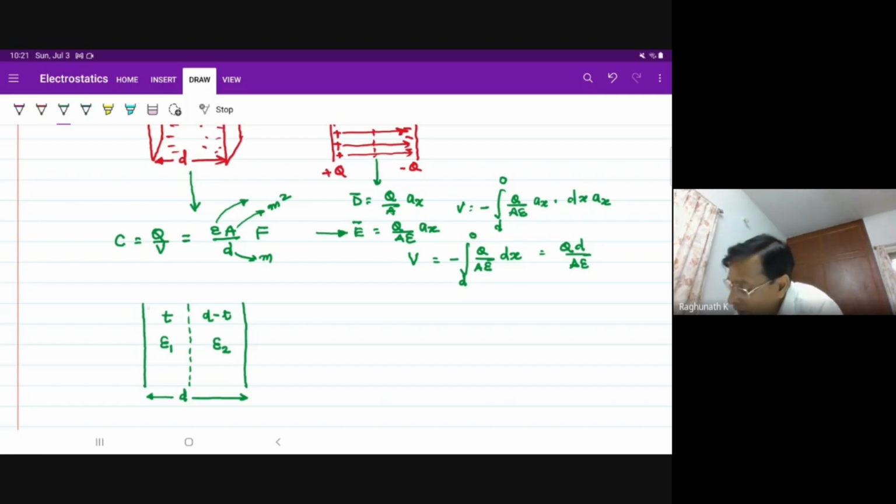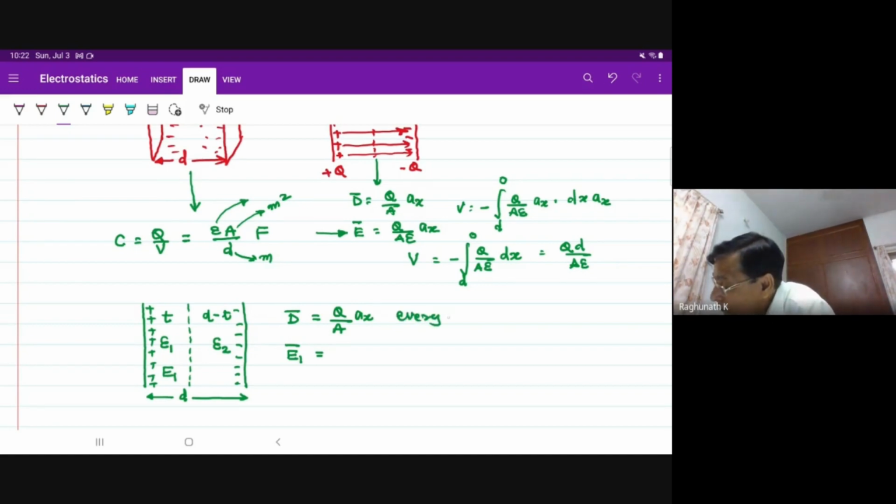What did I do again? Plus Q here, minus Q here. Here also, D bar is Q by A, a_x. In the first region, D bar is Q by A a_x everywhere between the plates.